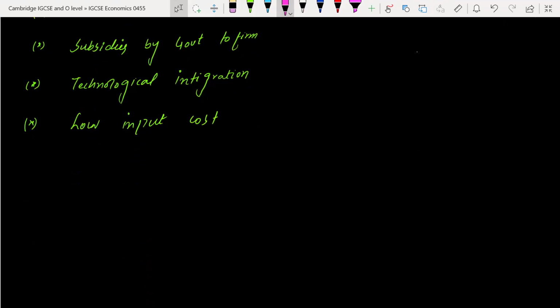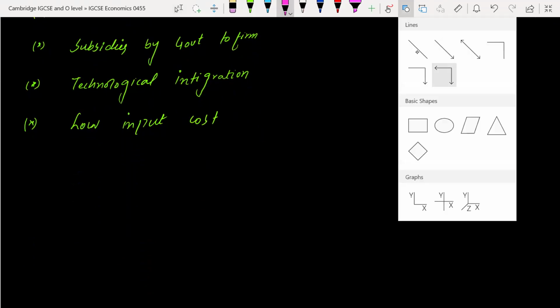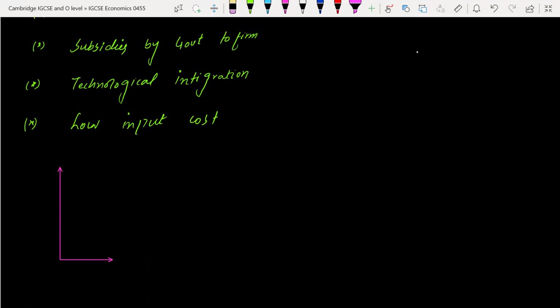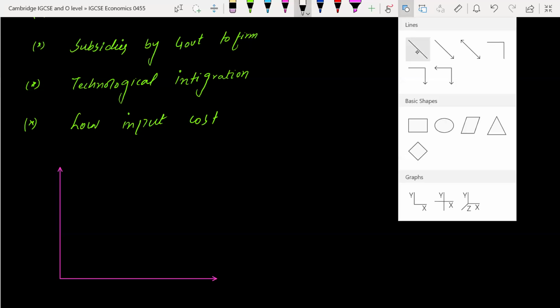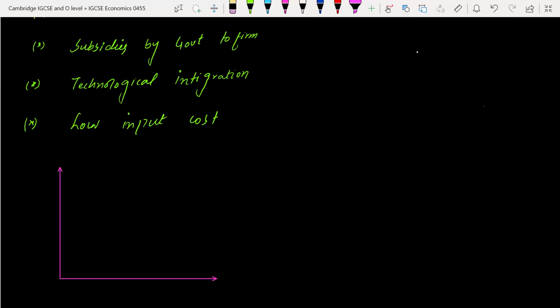The most important thing, when you make the diagram of increase in supply, you will show it like this. For example, this is the first one. Suppose this is the first supply curve. You can call it S naught.